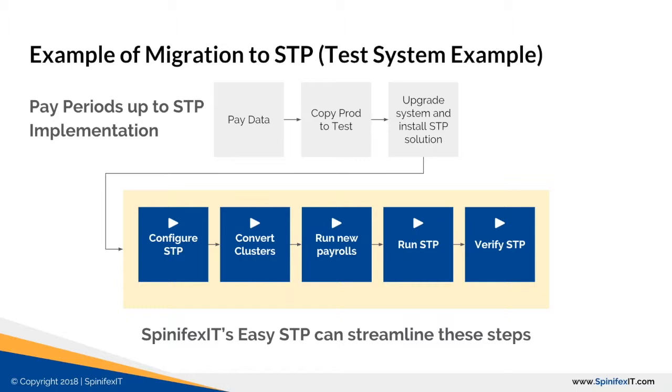Then there is an implementation process: some configuration, a conversion of the payroll cluster details, and once that conversion is updated, you're ready to run the first pays, the new payrolls, running the STP solution, and then verifying the STP solution data. And it's in this concept of configuration, conversion, running of payroll results, the running of the STP files, and the verification that our new solution covers.